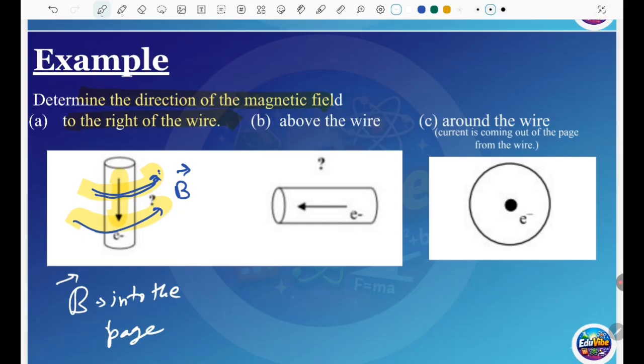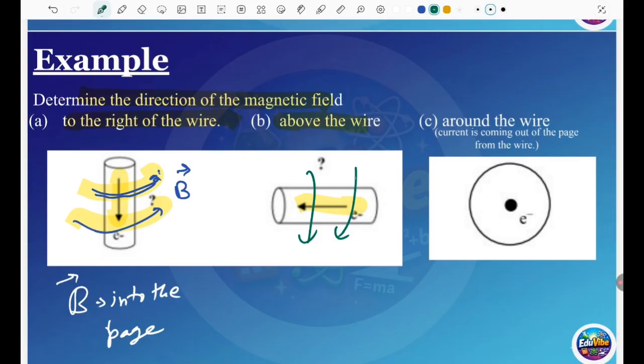For the second one, you can see from above the wire. You can hold it from above the wire and your thumb points towards this direction. So you can see that it goes like this. Above the wire when it goes down, you can see that it comes out from the wire.